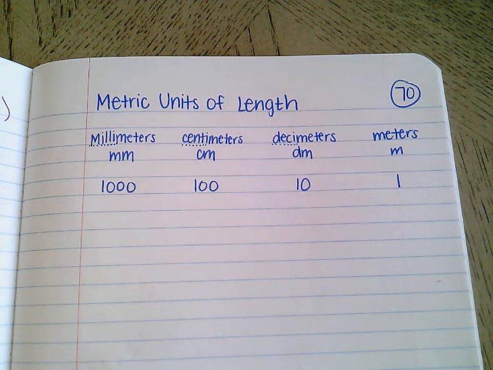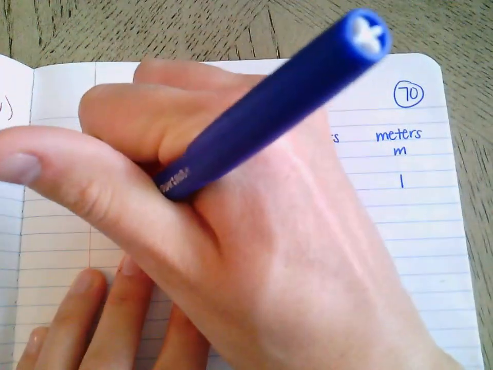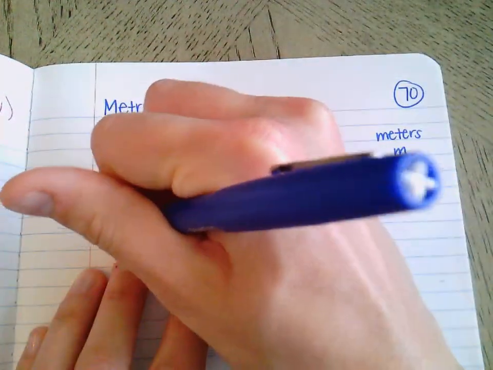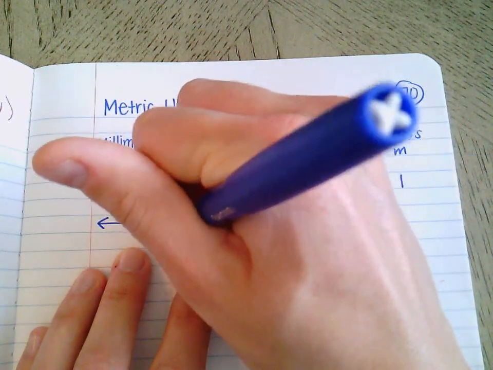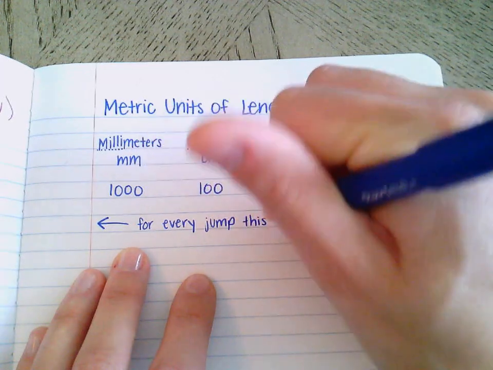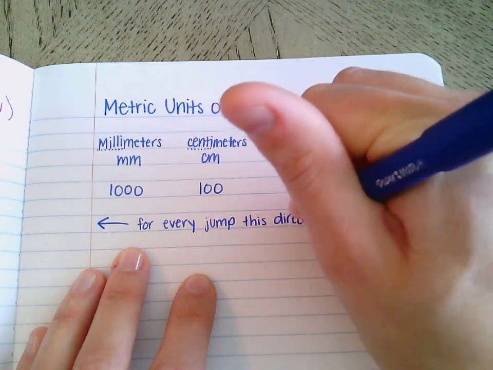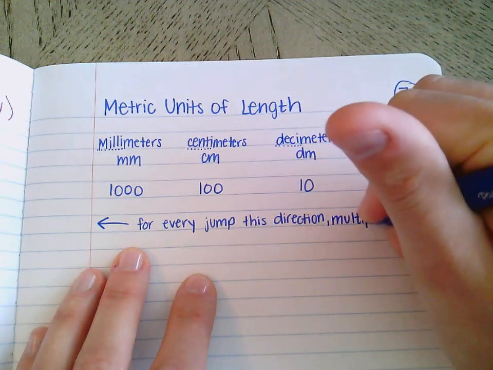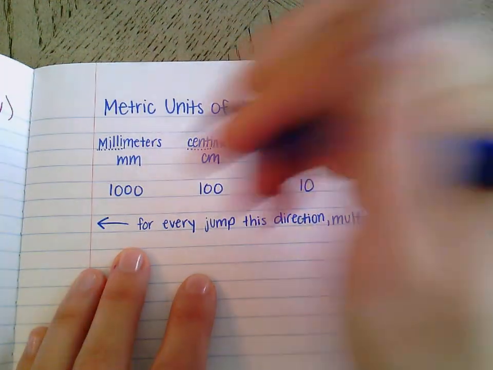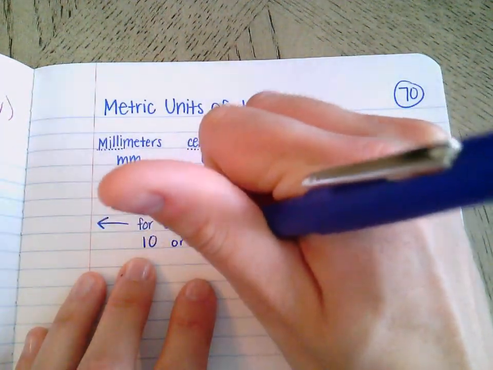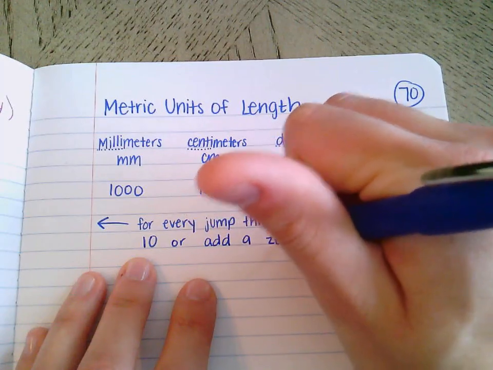Okay, so instead of doing the jumping from chart to chart, you're going to draw an arrow this way. And then we're writing for every jump this direction, multiply by 10, or just add 0.